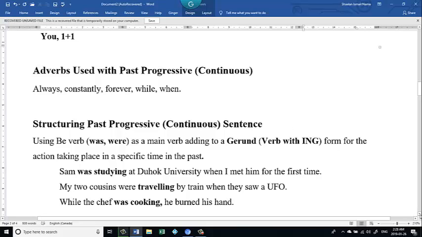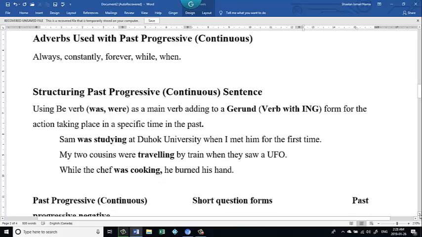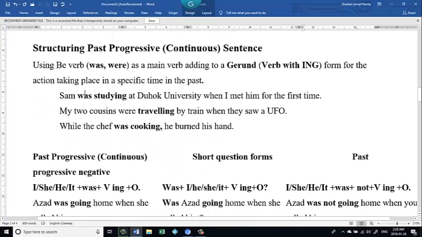How to structure the past progressive or continuous? Using be verbs, when we have was and were as a main verb, adding a gerund, which we sometimes say is the verb with ing form, for the action taking place at a specific time in the past. For example, Sam was studying at the Hook University when I met him for the first time.